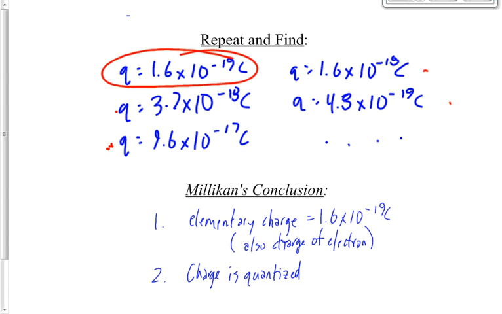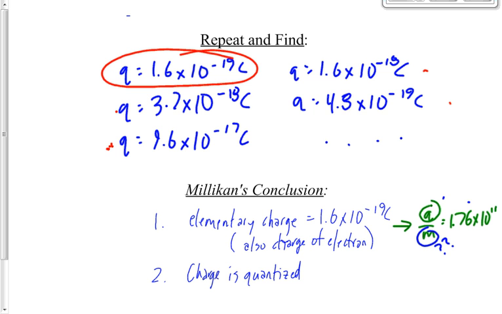Now, just as a little aside here, you can probably imagine, if Millikan has found the charge, and we already know from Thomson that the charge to mass ratio of the electron is 1.76 times 10 to the 11, we could probably also find the mass of the electron, right? Given this number and this number.